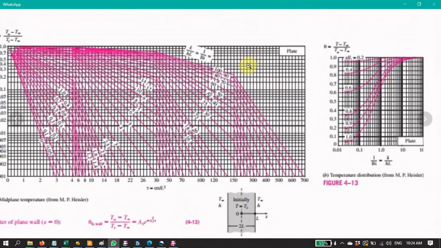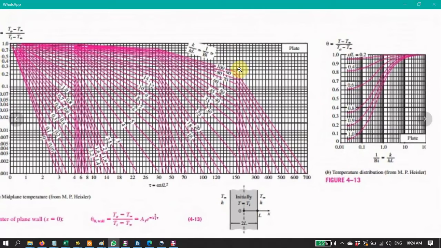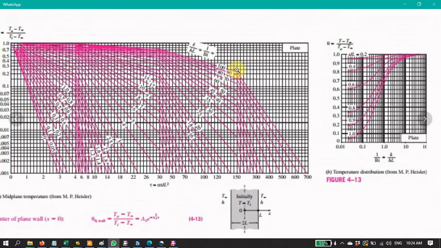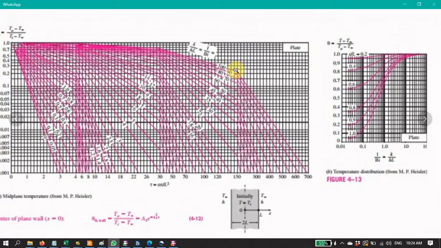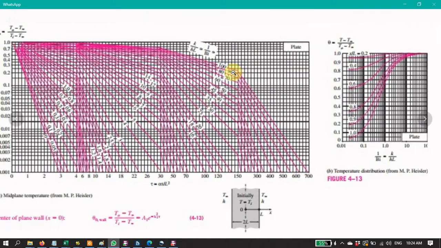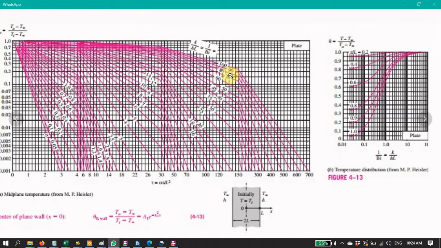This plot shows the range of reciprocal Biot number from 0.05 up to 100, and that is for the center line.